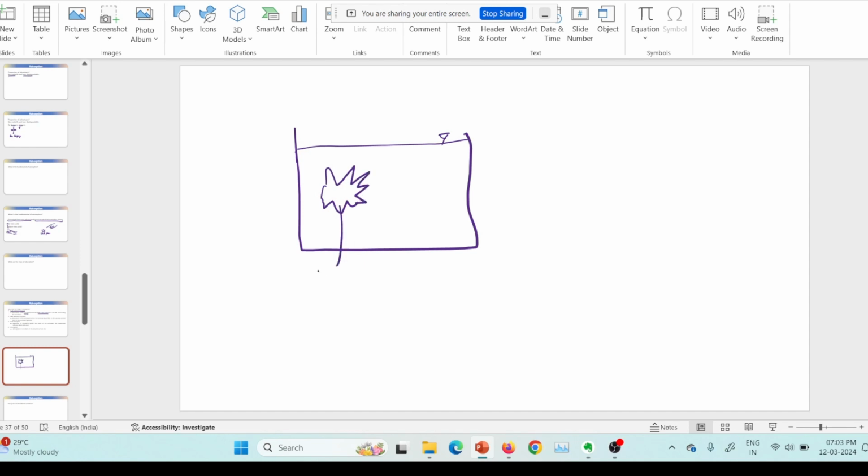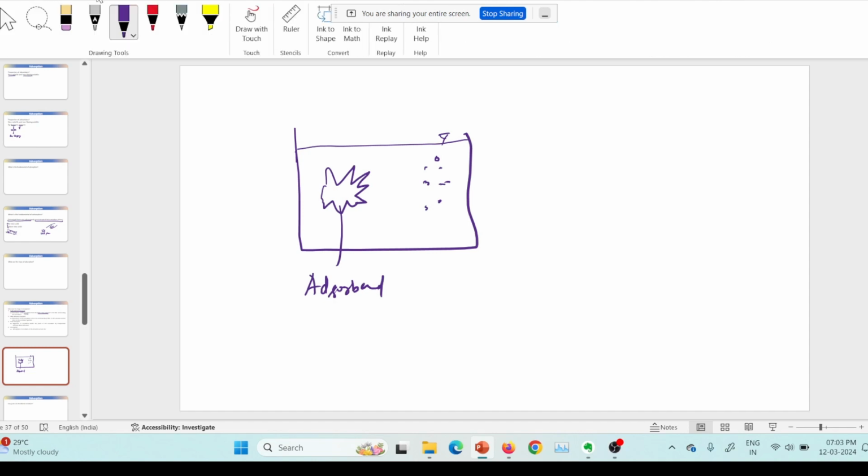This is the adsorbent, and these are the adsorbates. So I'm making one layer. In addition, you see there is a layer around the interface. This is the layer of film.